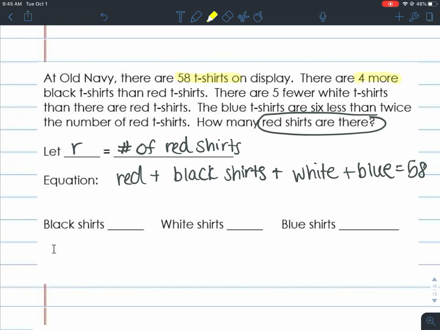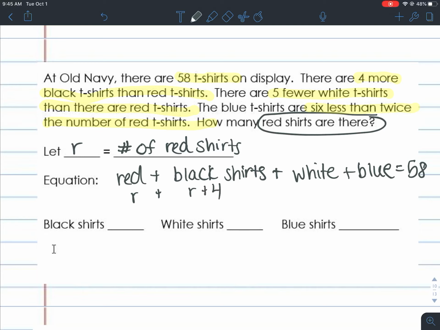And then here's your piece by piece. There are 4 more black shirts than red shirts. There are 5 fewer white shirts than there are red shirts. There are 6 less than twice the number of red shirts. So the red would just be R. The black shirts, there are 4 more than red shirts, so black shirts is R plus 4.